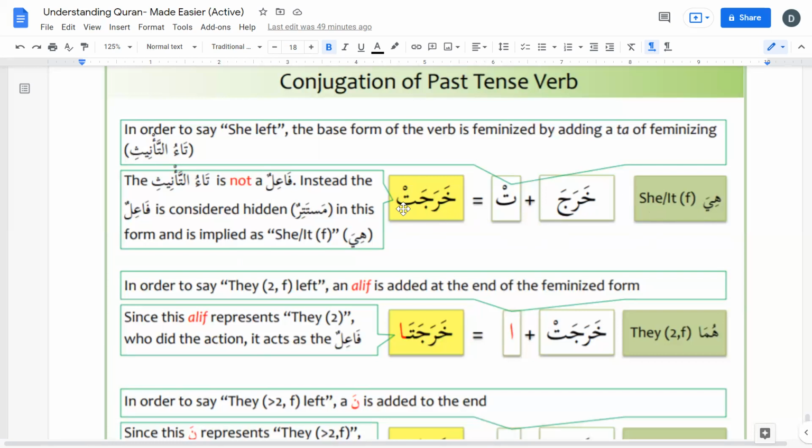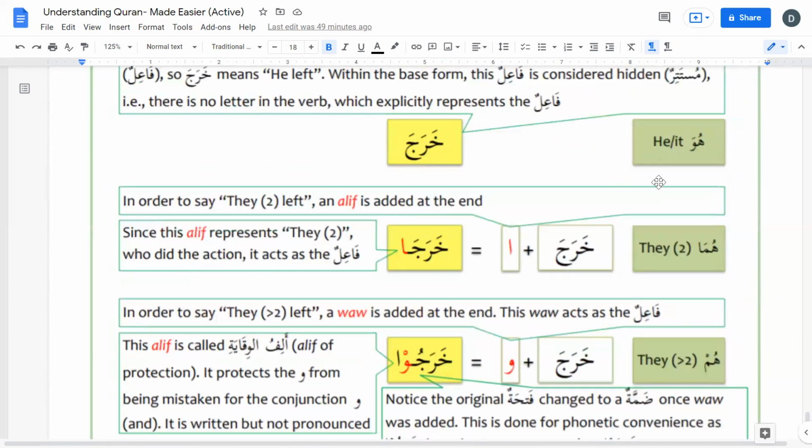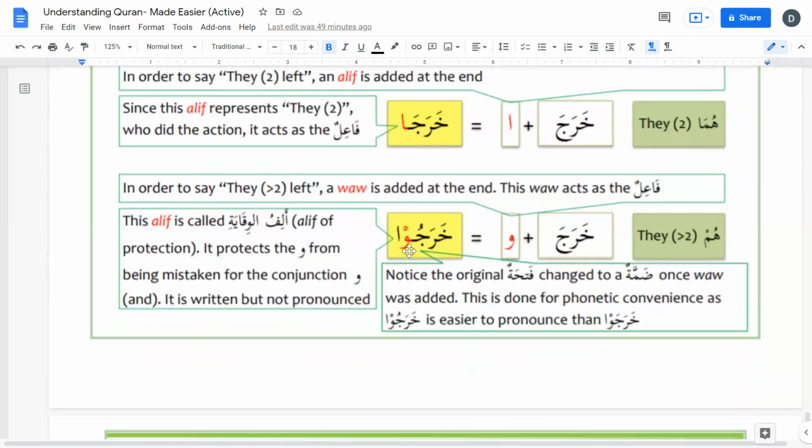This is very important, inshallah, when we are going to do analysis, it is important to know that in kharaja, huwa is an inside doer, it is mustatir, hidden, and in kharajat, hiya is mustatir, while in huma this is not hidden. We can see alif as the doer of the action. In kharaju, the hum version, we can see waw. So this is not hidden, this is not mustatir.